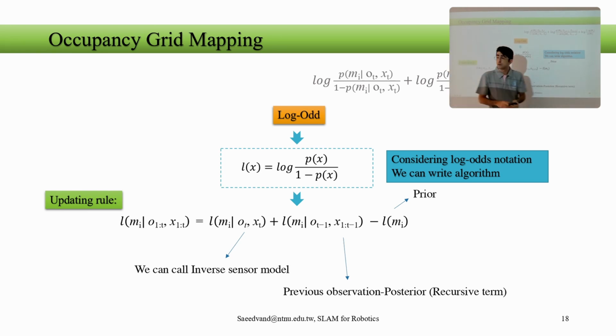How? We just replace this term here with the L of x. Then we can write the L of mi given the observations and x's as equal to this term over here, L of x.